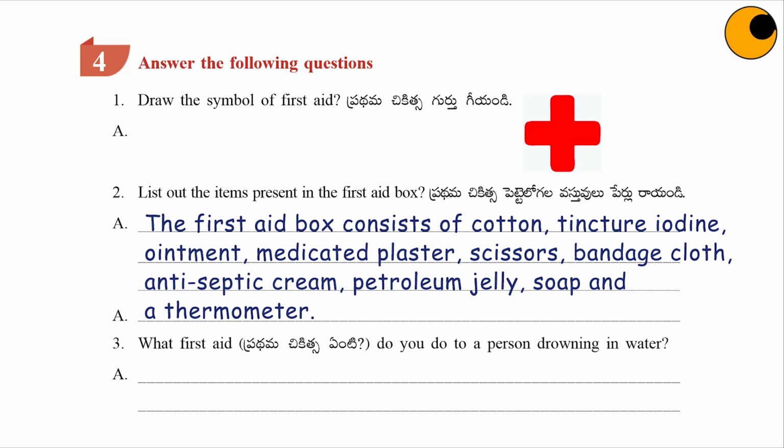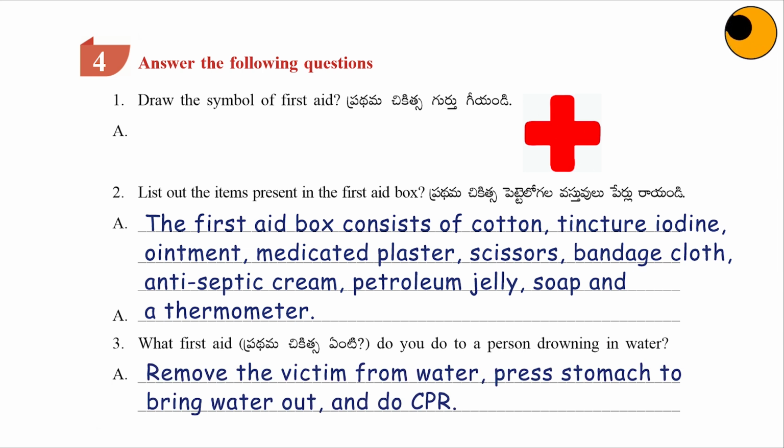What kind of first aid do you do to a person drowned in water? Remove the victim from water. Press stomach to bring water out and do CPR.